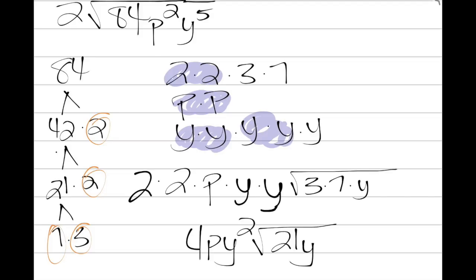So before I pull any numbers from the outside, I'm going to go ahead and bring that 2 down from earlier. So it's going to be 2 times p times y, and on the inside it's going to be the square root of 3 times 7 times y, since they did not have a pair.